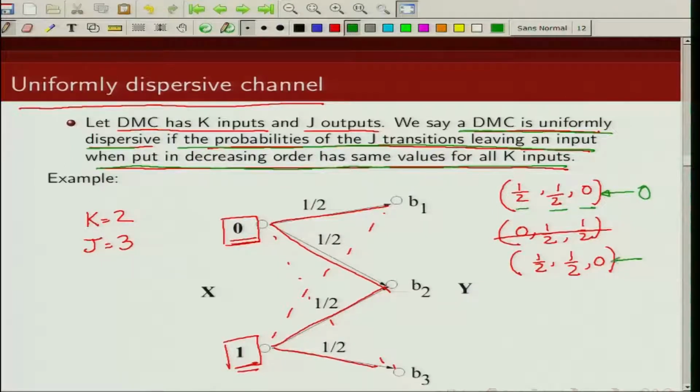When I did the same thing for input 1, I got half, half and 0. Note this is the same. So when I arrange these transition probabilities in descending order, it is the same whether I consider input 0 or input 1, and that is what my definition says. So, this is an example of a uniformly dispersive channel.